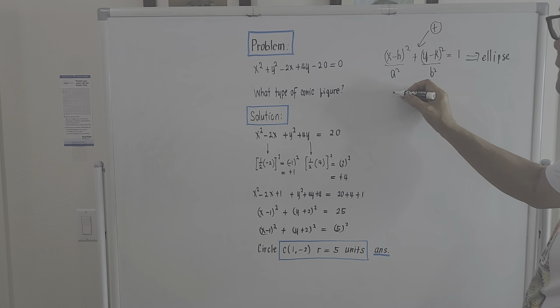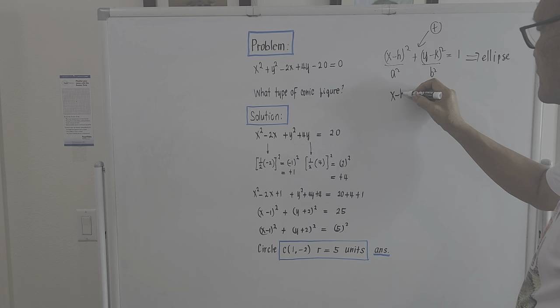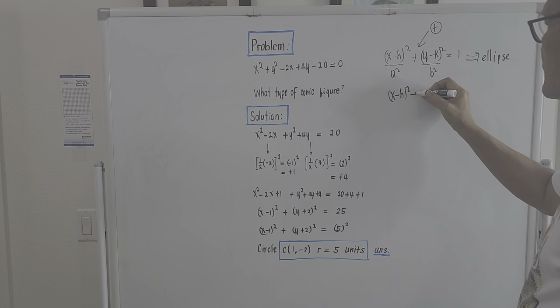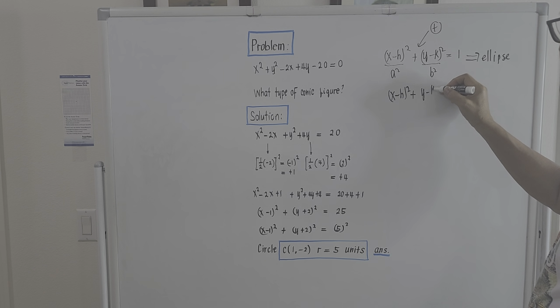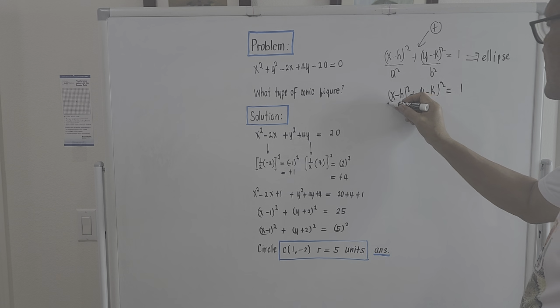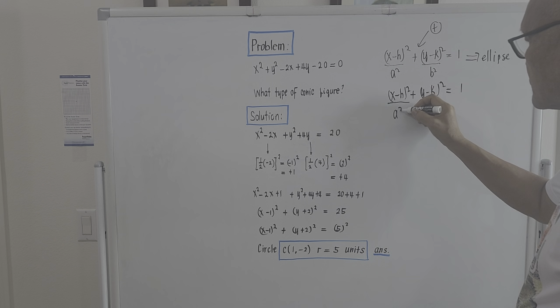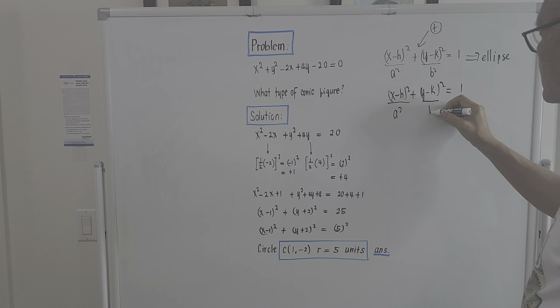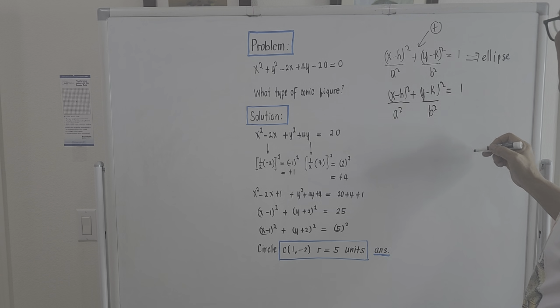Okay? And there's another equation here, (x minus h) quantity squared plus (y minus k) quantity squared, still equal to 1. There is an a squared here, and there is a b squared here.